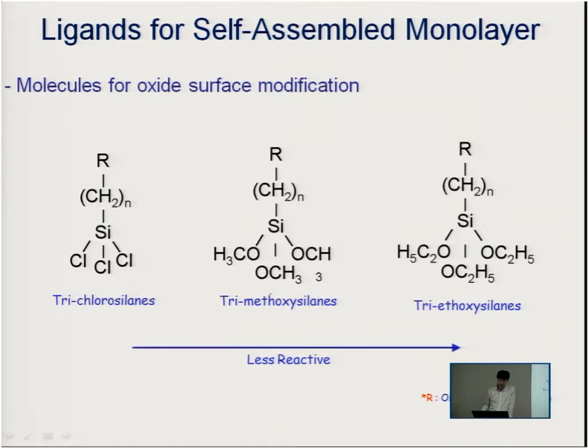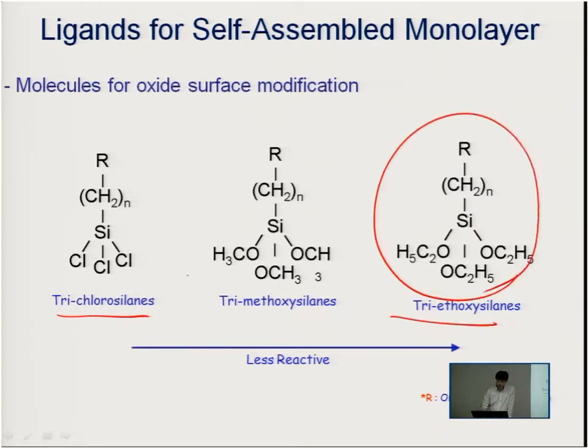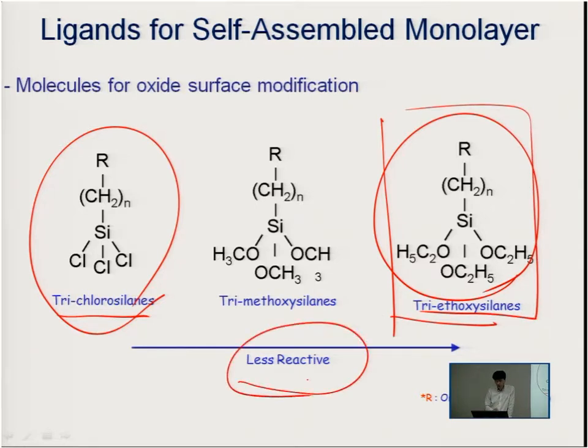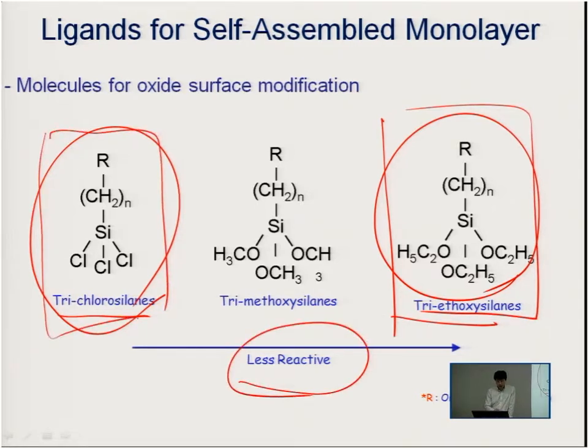As we talked about in the previous lecture, depending on the size of the molecules, the reactions forming the monolayer are more or less aggressive. The heavier the molecule, the less reactive, and the smaller the molecule, the more aggressive the reaction.